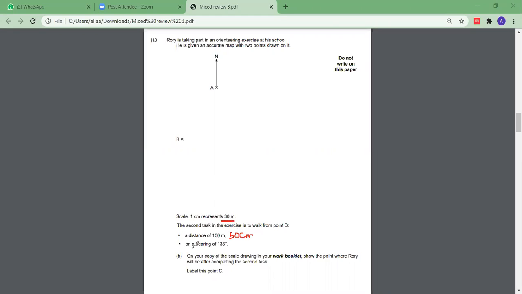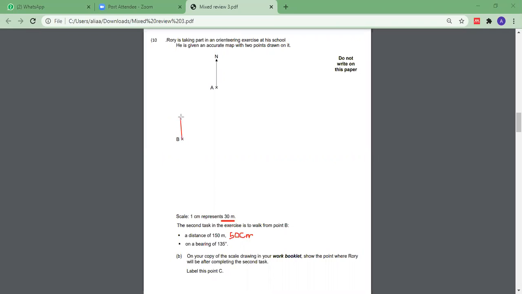On a bearing of 135. Which means from point B, I will draw north. Sorry, I will draw north from B.